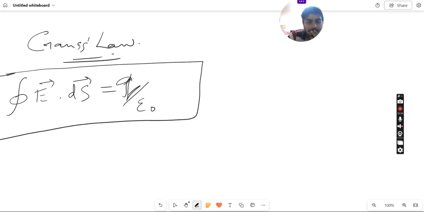Epsilon naught is basically a constant, and its value we actually need. It's something like 8.11 into 10 raised to something. Even I'm very bad at units, so Google comes to help in these circumstances.